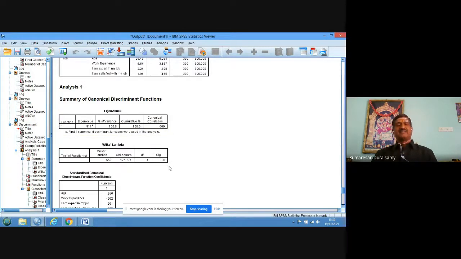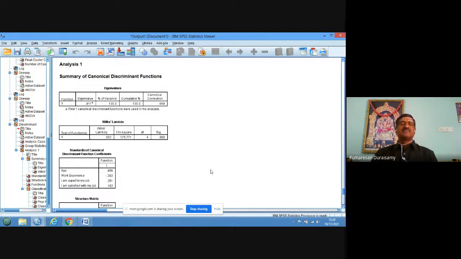It is significant based on the p-value and Wilks' lambda. It is 0.552. The p-value is 0.000, so it is less than 0.01. We can say that the relationship between the employees is significant.